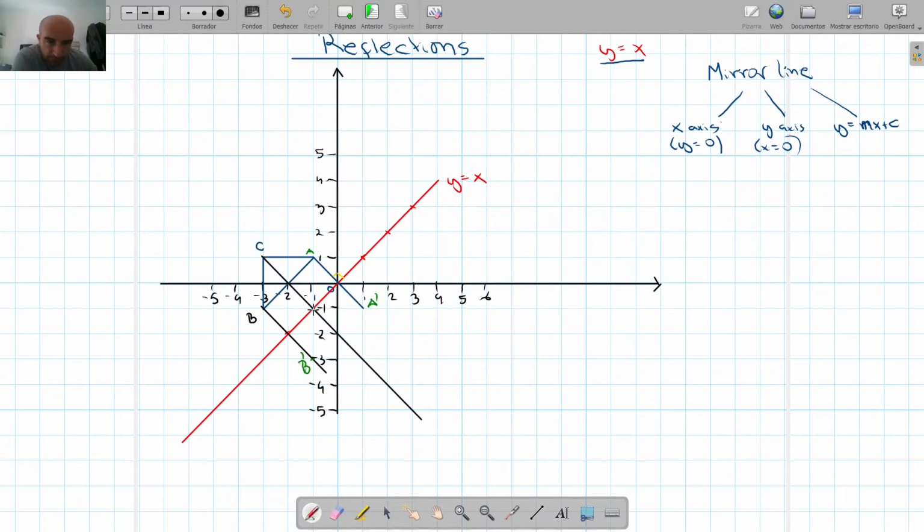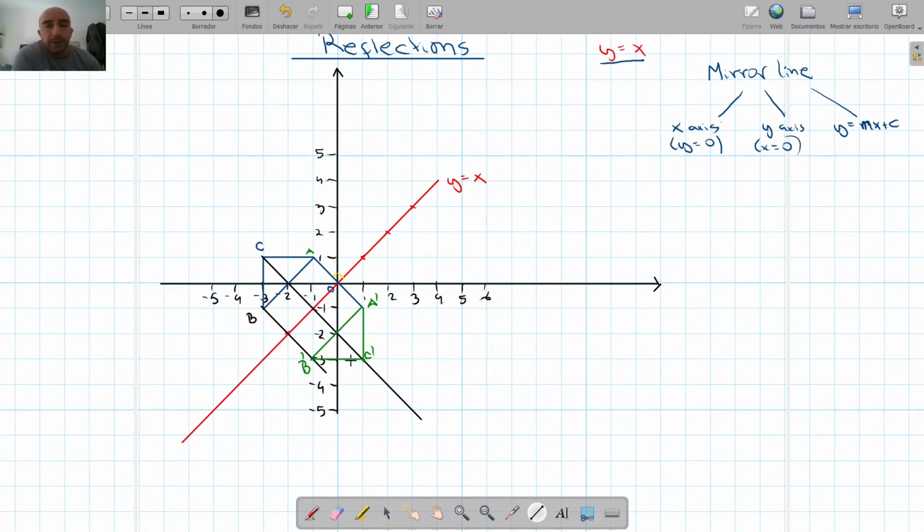That's two squares across, so this is going to be our reflected C point. Now we can draw our reflected figure, like this.